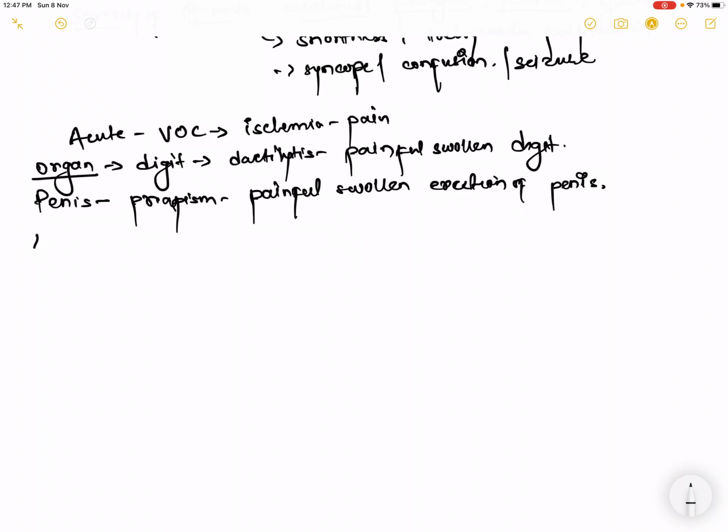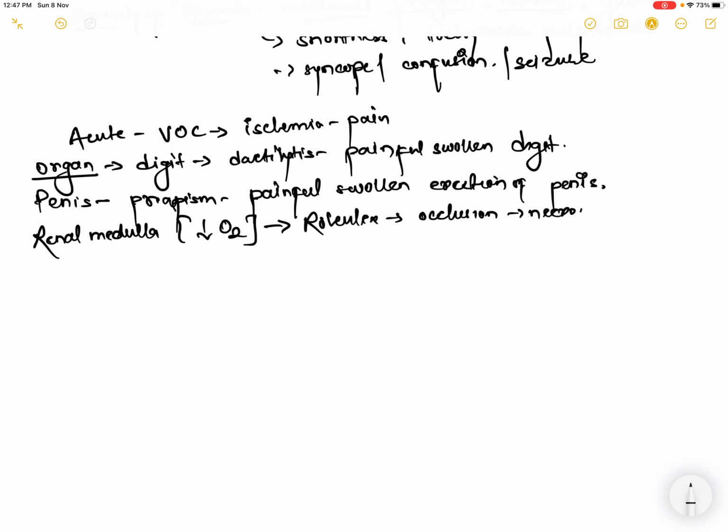The next thing can happen in the renal medulla. Basically the renal medulla has decreased oxygen concentration. It is usually in the hypoxic state. So there is a high chance that in this part of the kidney, rouleaux formation will happen. That will cause occlusion, ischemia, necrosis, and damage to the renal medulla.